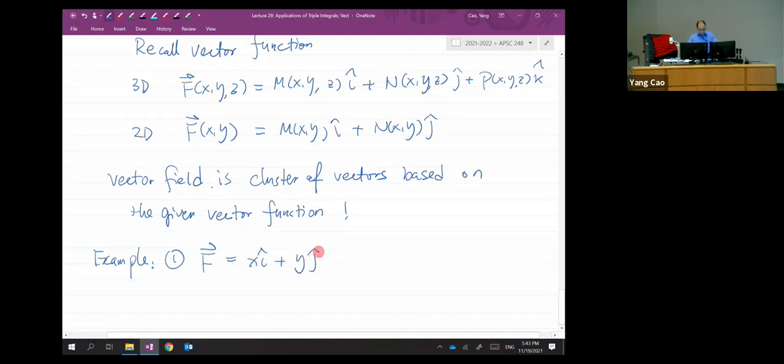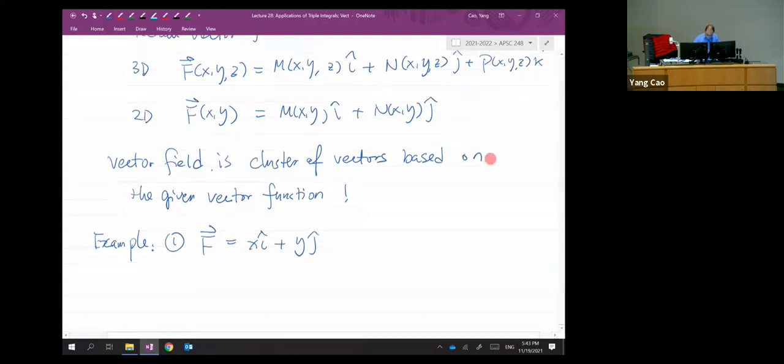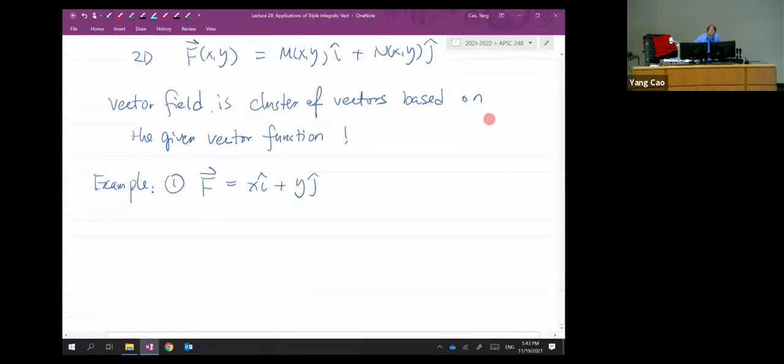Okay, let's say I have a vector function like this: F equals x i hat plus y j hat. So I'm going to demonstrate how a vector field can be constructed using this vector function. So first, I'm going to use a point.